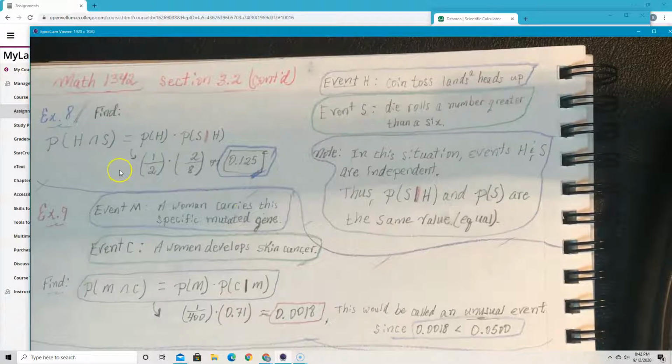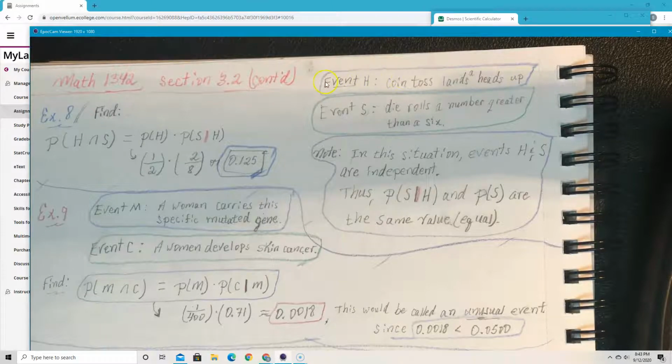Now I'm going to start to write the events that they're talking about. And then in this probability statement, we do not have to write so many words. It's cleaner this way. I didn't do it on the first 2 or 3, but now I want to start doing it. So one of the events is a coin toss landing heads up.